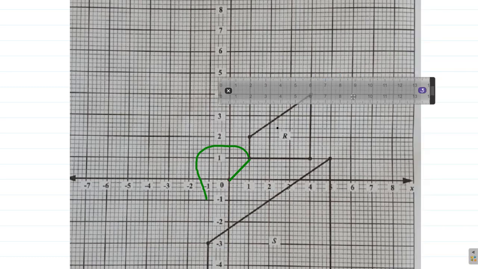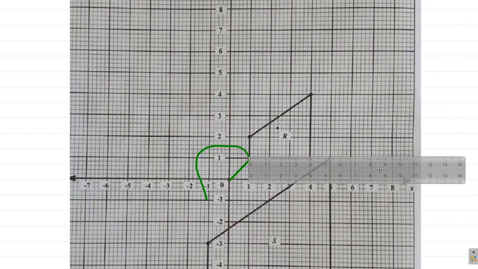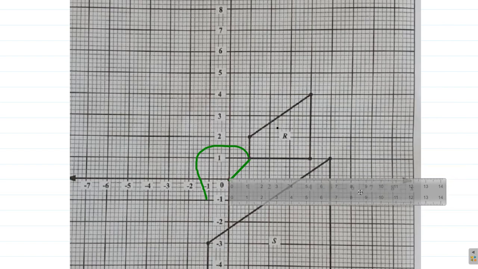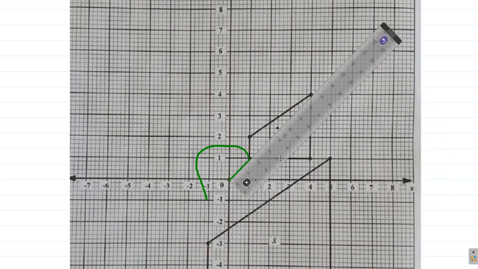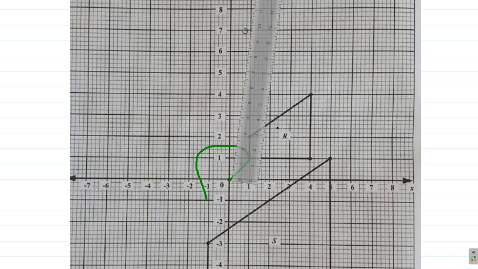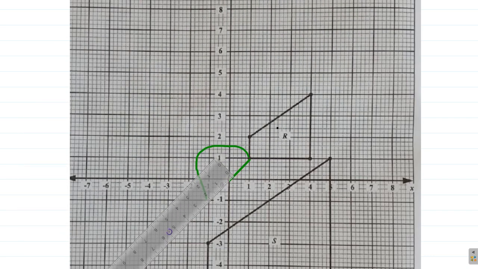If you consider it like this, this is the origin. This is your point right here. If you take the ruler and swing it 180 degrees around, the point that was here would swing right back around and come here.